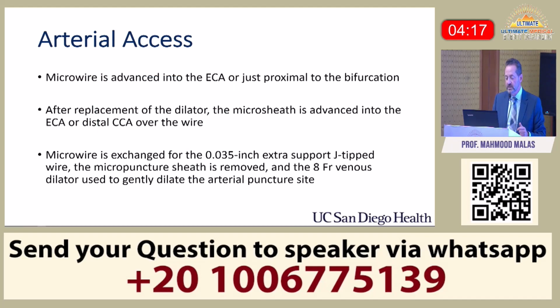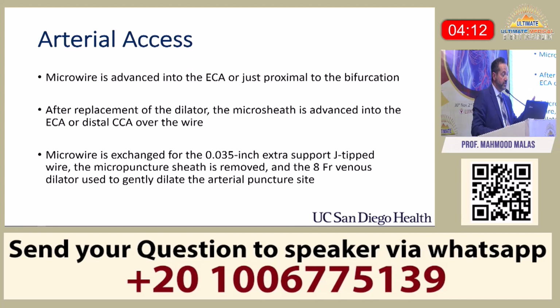So essentially, after I get my micro sheath and wire into either the distal common carotid or into the external, I remove the micro wire, exchange it with an .035 J wire that is in the kit, and then I dilate the opening of the carotid.